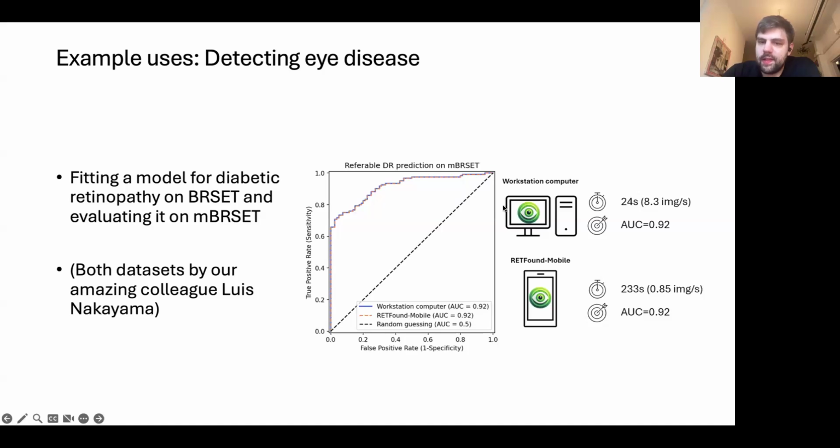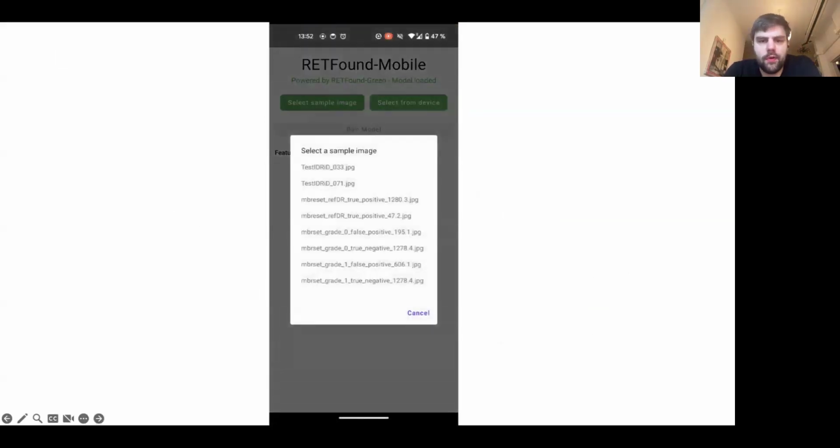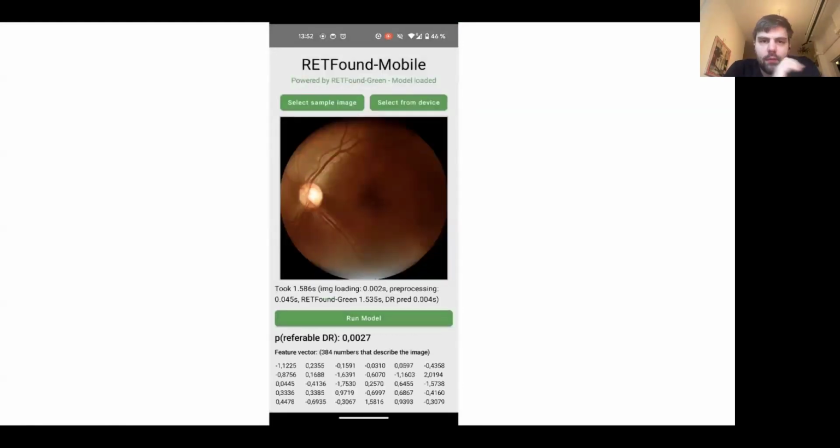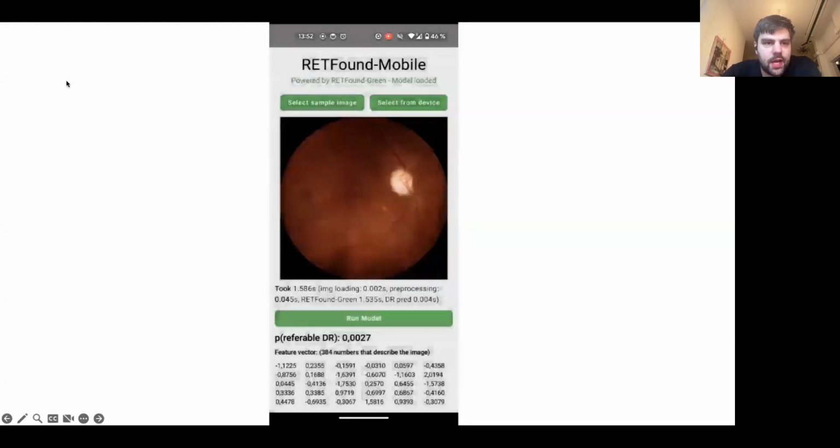But the most exciting thing is that on a workstation computer, by which I mean my low-end gaming computer from a few years ago that I have under my desk, it takes a few seconds, and even on the phone, it takes a few minutes to process all that data. I'm not sure how interesting this is to people, but here's an example of me running it on my phone, which I bought for roughly 300 euros 3 or 4 years ago. You can see we can put an image through it and get good performance.